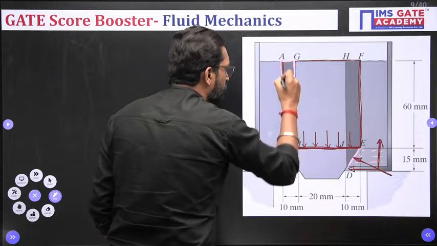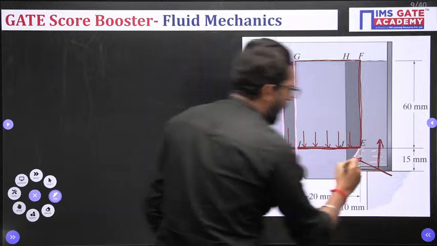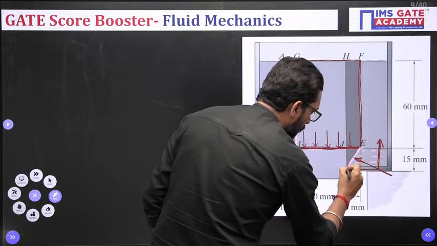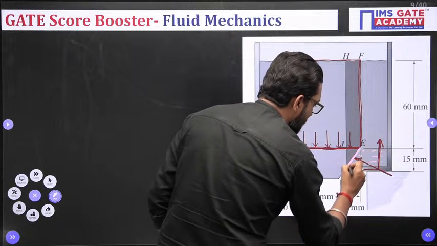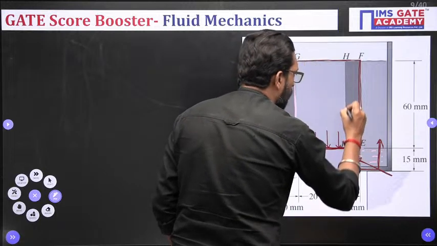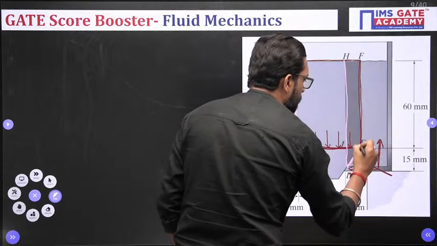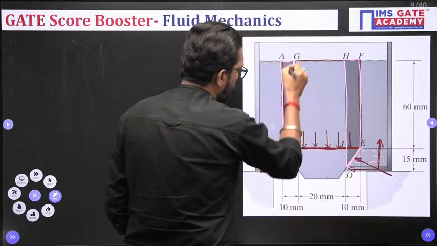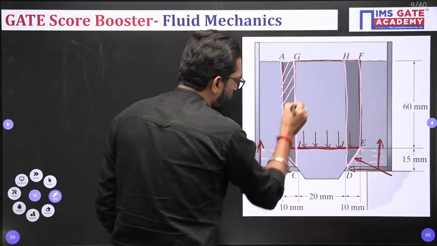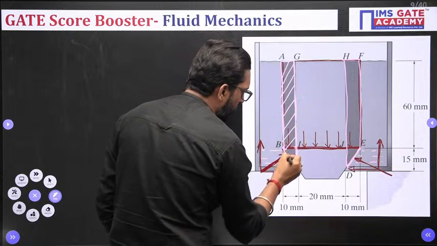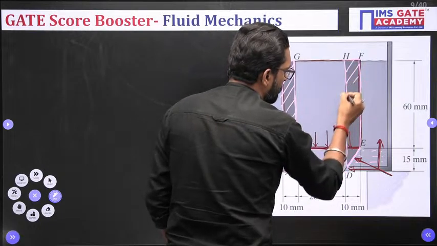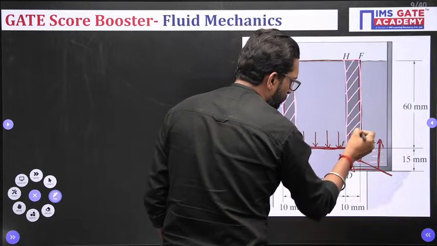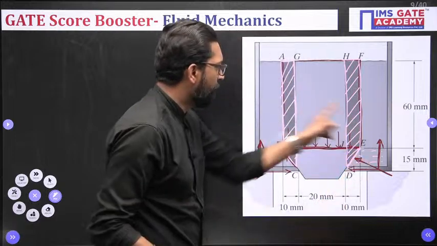And if you find the vertical force on this slant side, keep the projection at the free surface. So this one is the force which is upward, and this is the shape of the fluid.